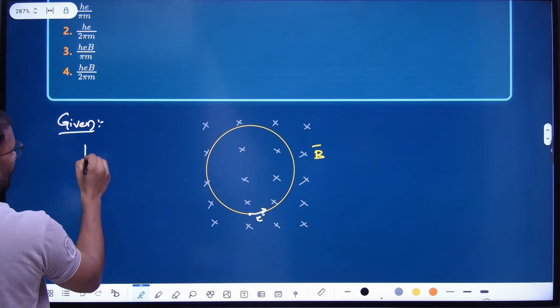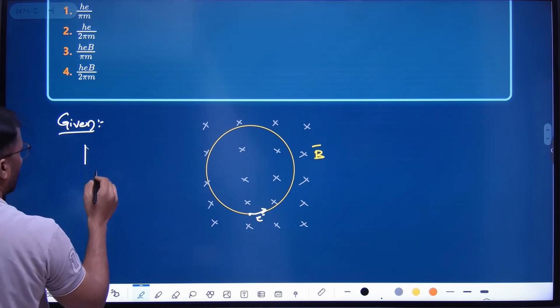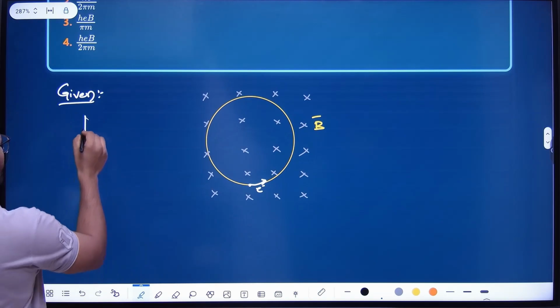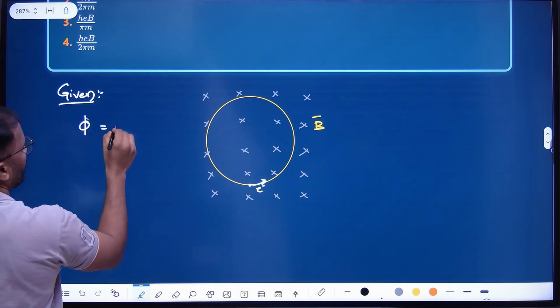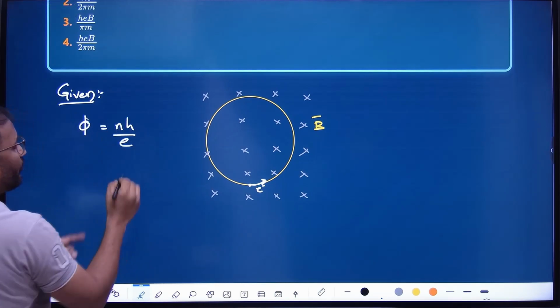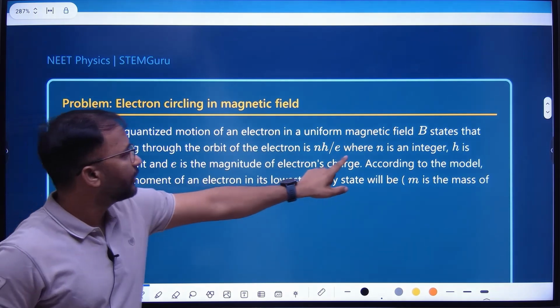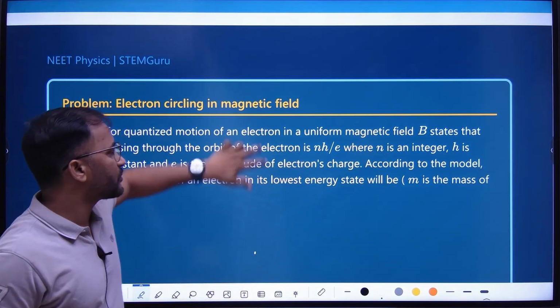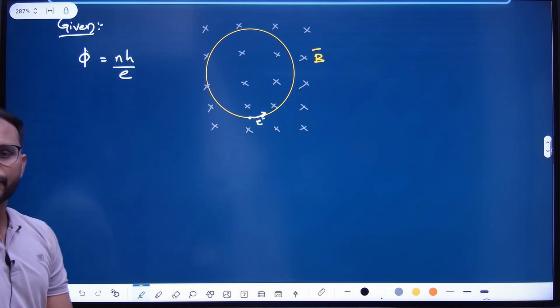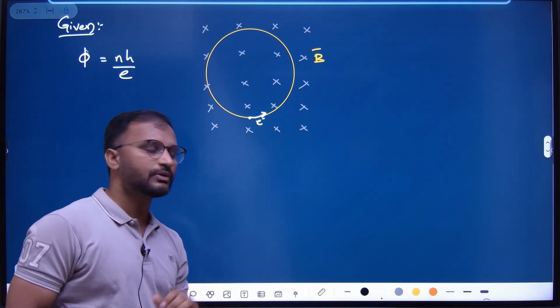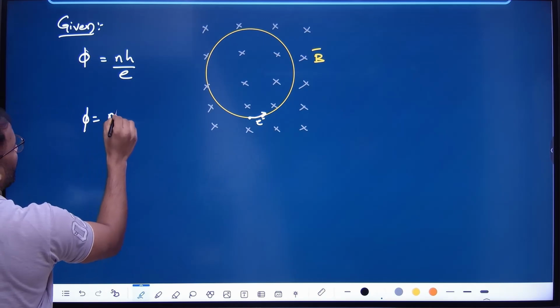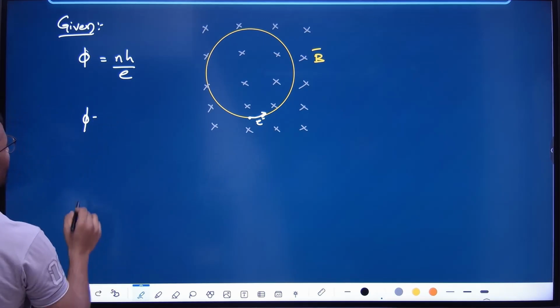He has given the magnetic flux is equal to nh/e, where n is an integer, h is the Planck's constant, and e is the magnitude of the charge of the electron. That's all that was given. So the flux phi is equal to nh/e, he has said.